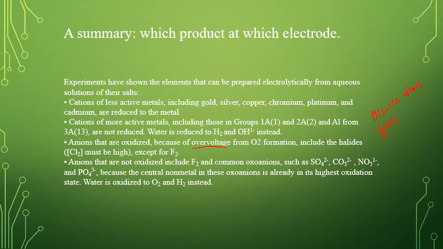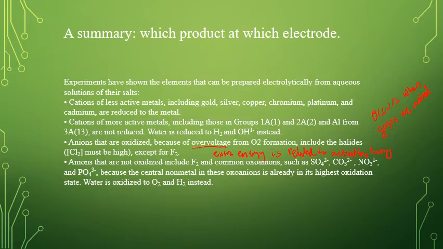Basically it's going to require some energy to convert the aqueous ions into gases. And so that extra energy is related to the activation energy. That means that you have a very high activation energy for that particular process to take place.